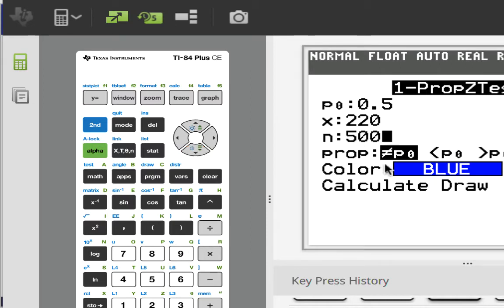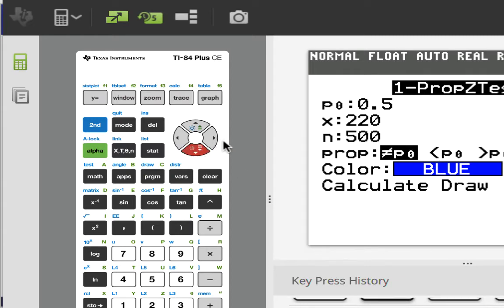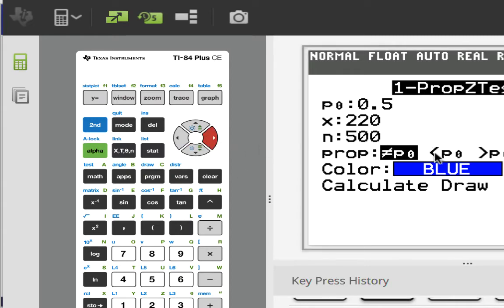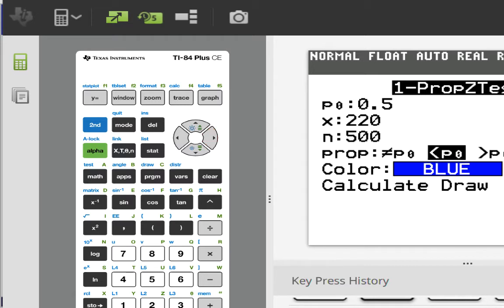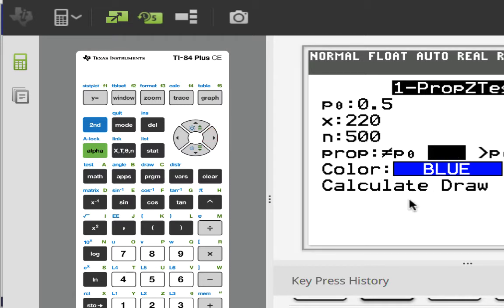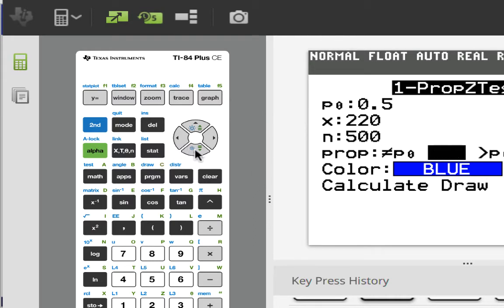Now you're looking at proportion which is less than P0. Take your cursor over there, less than P0. Press enter. Now remember, you're going to do Calculate, okay? Some of you may not even have the color, blue or anything. Don't worry about that. You just take your cursor to Calculate, press enter.